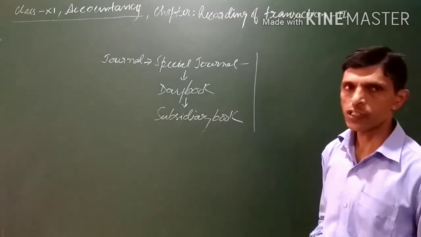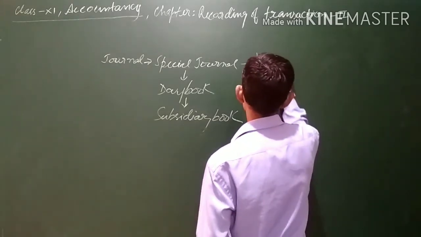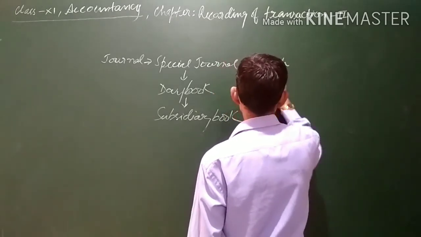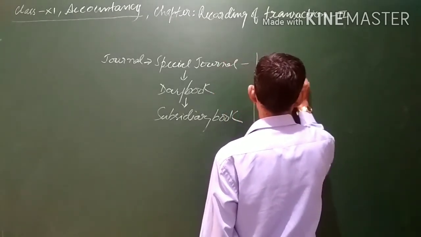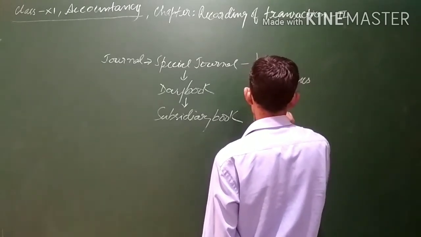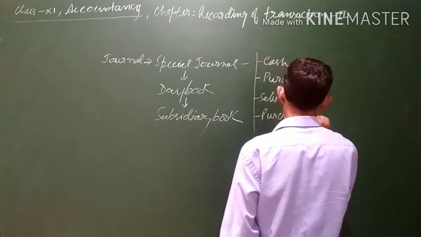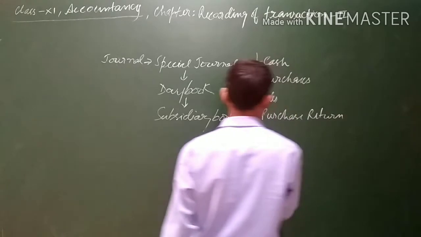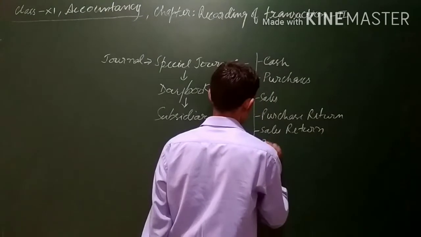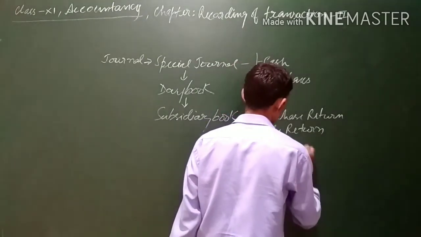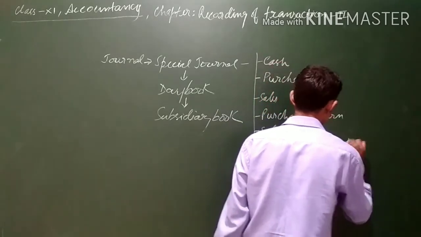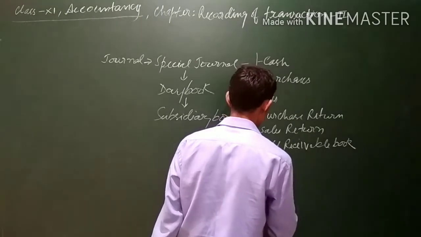Let us see what the various special journals are. These are cash, purchases, sales, purchase return, sales return, bills receivable book, and bills payable book.